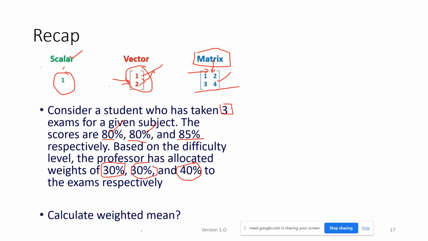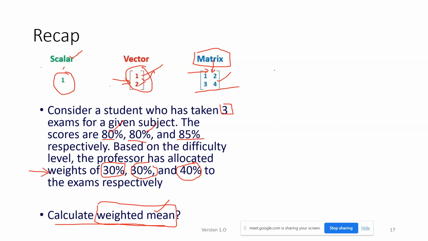Now, we need to calculate the weighted mean. How are we going to calculate this? A mean means the average of marks. X bar is the usual mean, but here we are calculating a weighted mean because it has weight values along with marks.